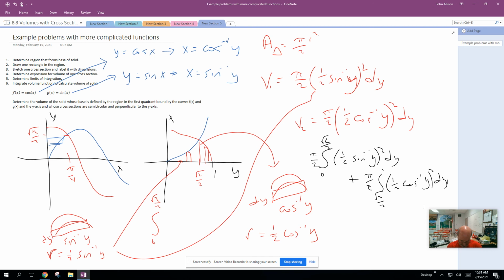And then again, I have to make sure my parentheses are all in the right place, and then make sure I square the entire 1/2 cosine inverse x times dx. Tell the calculator to integrate. And I multiply that times pi over 2.